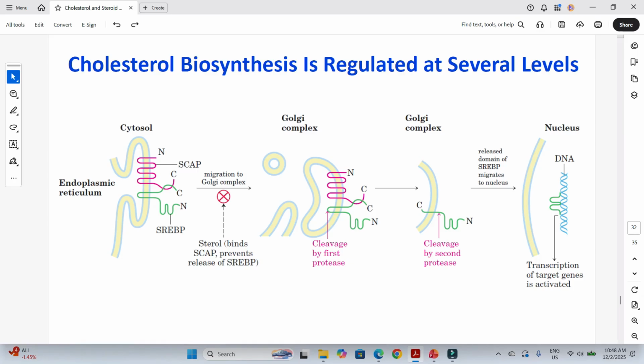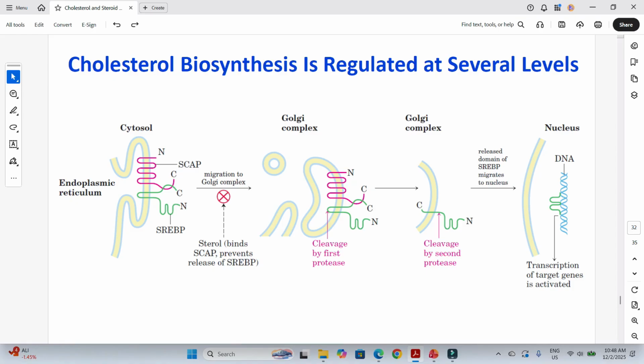Now, the cholesterol biosynthesis is regulated at several levels. So you have here the cytosol. Cholesterol biosynthesis occurs, remember, in the cytosol. So you have here the endoplasmic reticulum, and you have here the SREBP. It's an association, an SREBP protein and an SCAP protein.